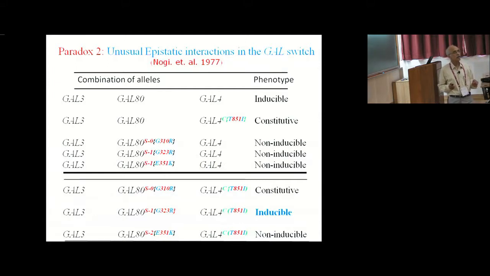What I'm speculating is that if GAL80 binds to GAL4, the binding of GAL80 and GAL4 is basically inhibition, isn't it?